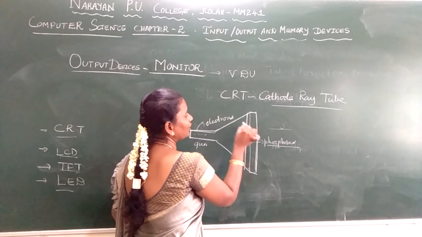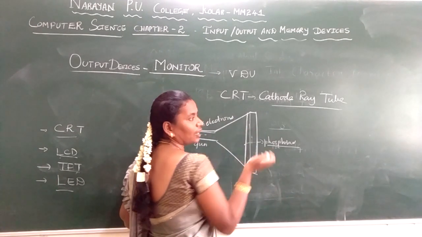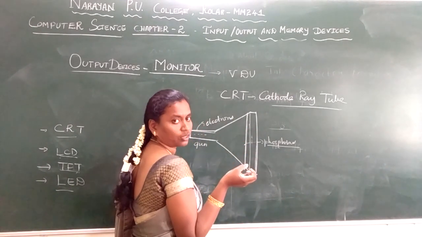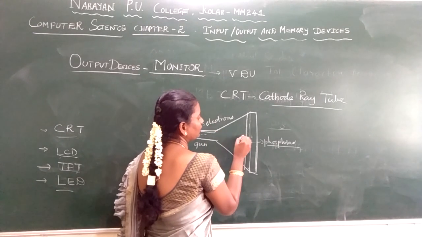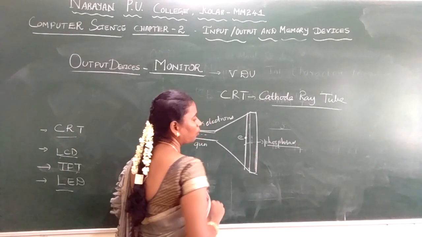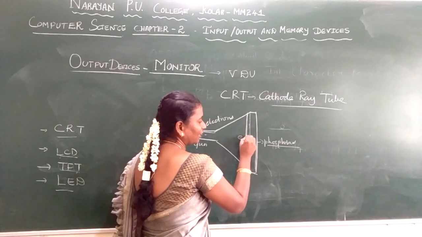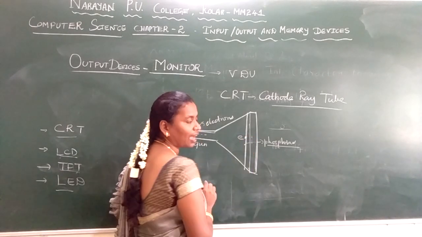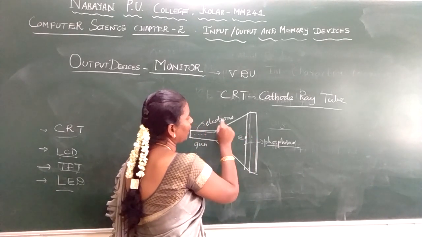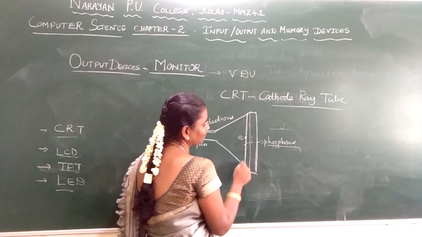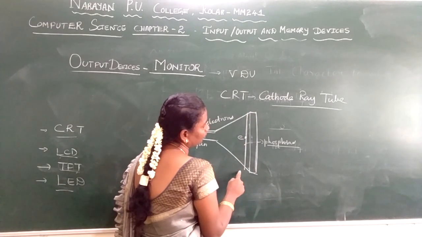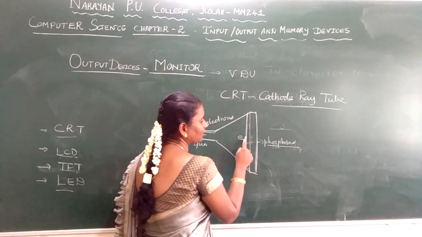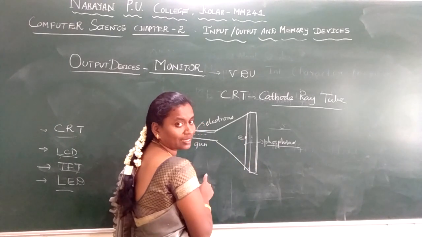When the electrons hit the screen, the phosphorus darkens the pixel. As many electrons as go and hit the phosphorus coating in your CRT monitor, it darkens the pixel. That's how the resolution gets improved.